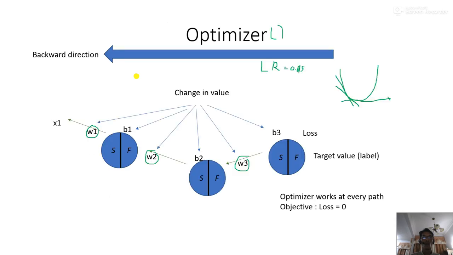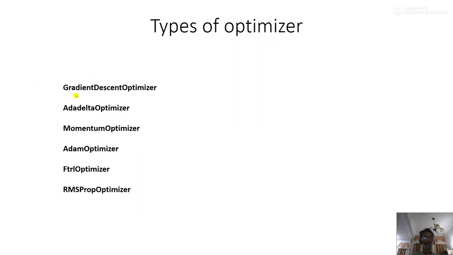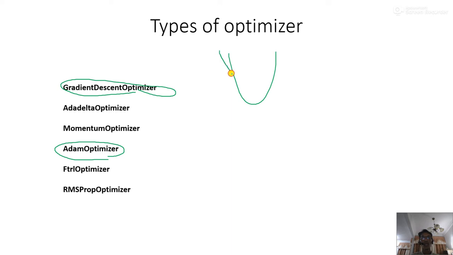You have a lot of optimizers you can choose: gradient descent optimizer, Adadelta, momentum, Adam optimizer. Basically you're going to use these. Gradient descent: you have dy/dx here with a value.